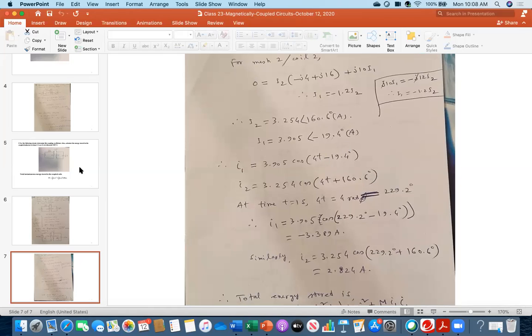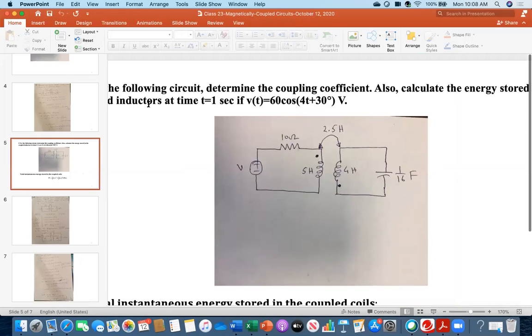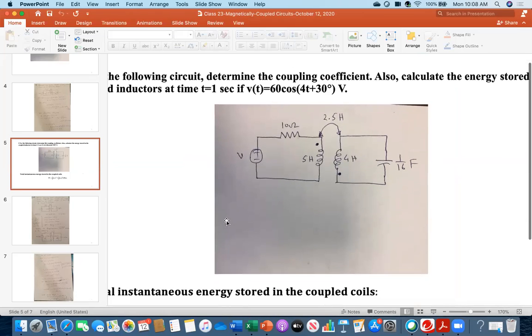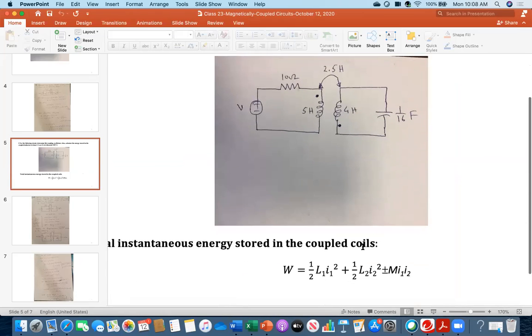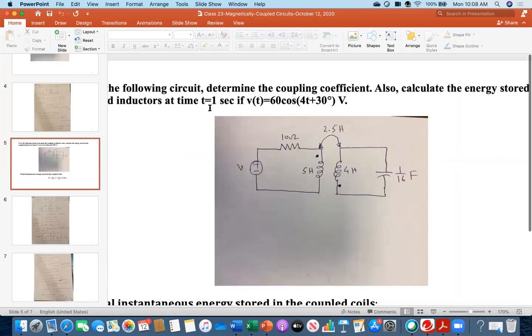Now the question was to calculate the energy stored at time t equal to 1 second. Because this is the instantaneous energy stored equation, you have to find out for a specific time, t equal to 1 second.